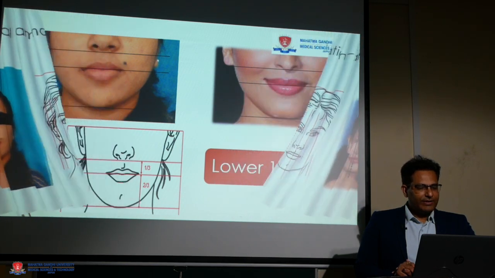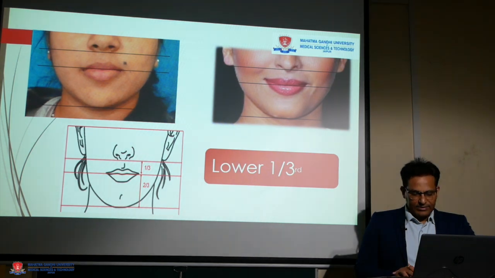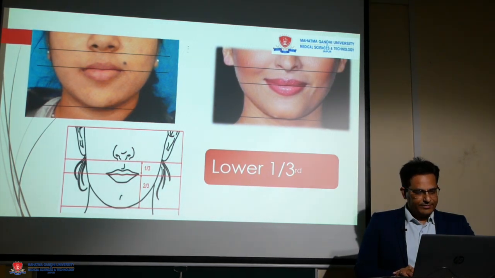Frontally, we also pay attention to the lower third of the face. The lower third is divided into an upper one-third by a line passing between subnasale and the interlabial fissure, and a lower two-thirds, which is between the interlabial line and the line passing through submental.